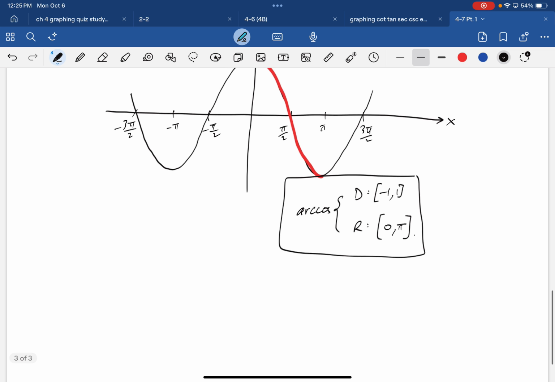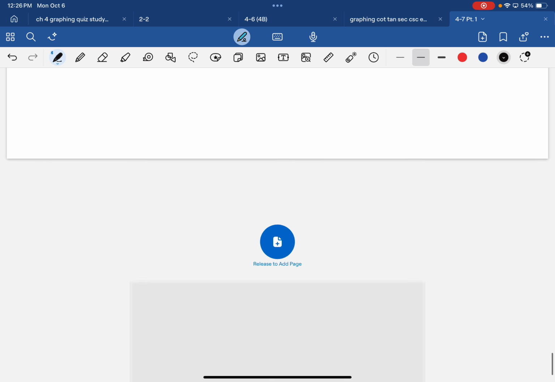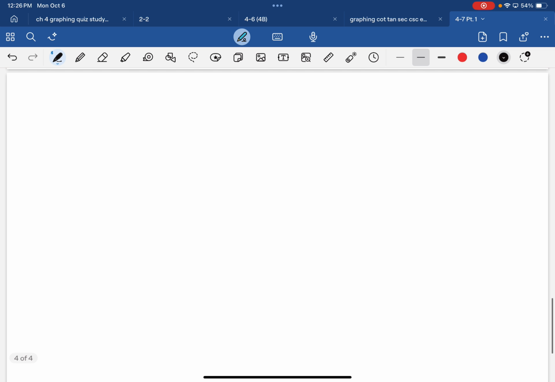Okay, let's do tangent. I'm not going to draw the graph, but I will tell you the domain for arctangent. Okay, so for arctangent, it's very easy to remember because it's going to have domain that's actually all real numbers, but the range is the same as for arcsine, with a small difference, which is that instead of closed brackets, it's going to be open brackets.